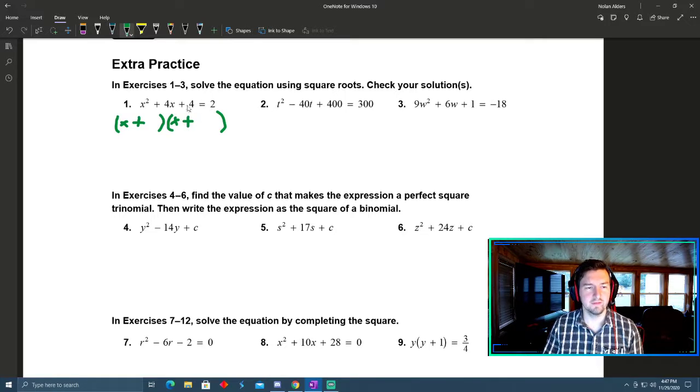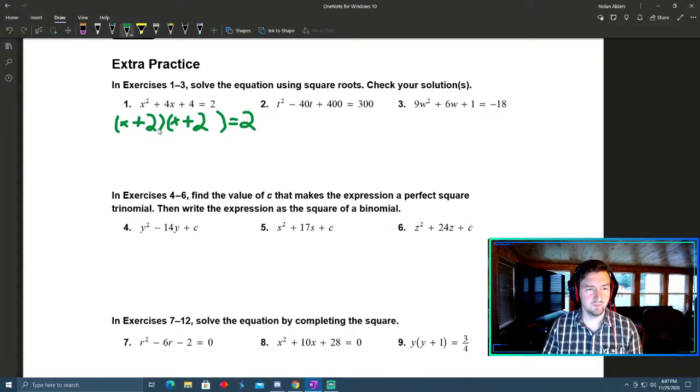And then this 4 on the end, what times itself gives us 4? Because for these problems, we're going to be getting the exact same binomial twice. So we can just say, okay, well, 2 times 2 gives us 4. So we can write a 2 and a 2 here. And we can see, oh yeah, if we added these together, 2 plus 2, we would also get 4. So it satisfies it.